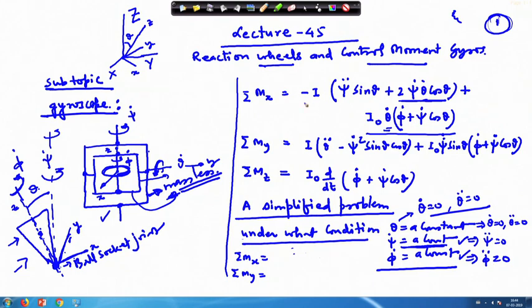So, therefore, in the first equation all the terms drop out. So, this becomes simply 0. Thereafter, we pick up the second equation, here theta double dot will be 0, but this term is not 0, and here if we see all these terms are present.